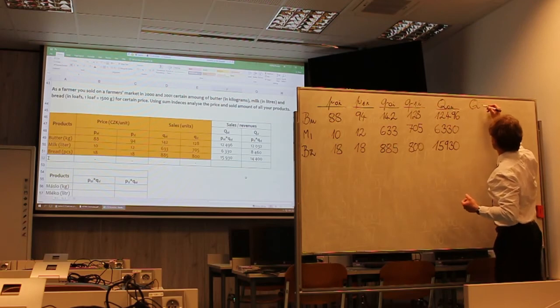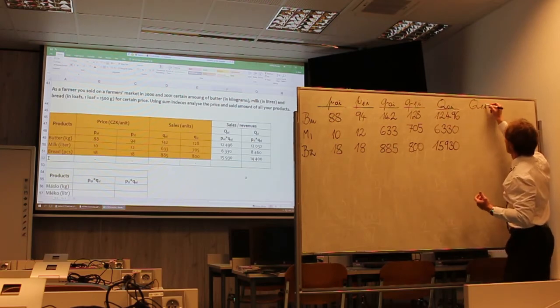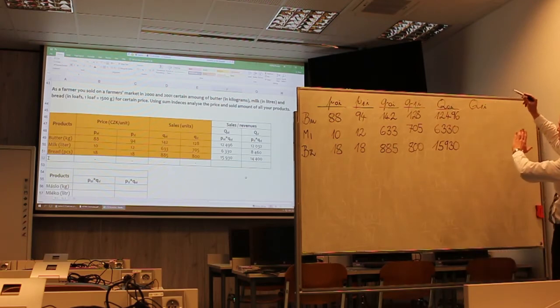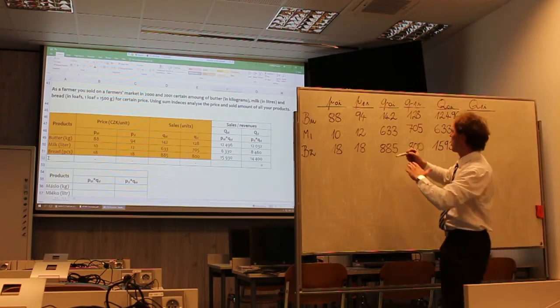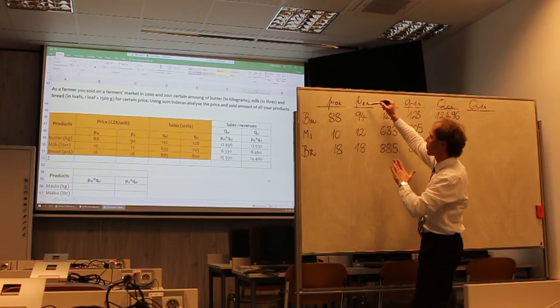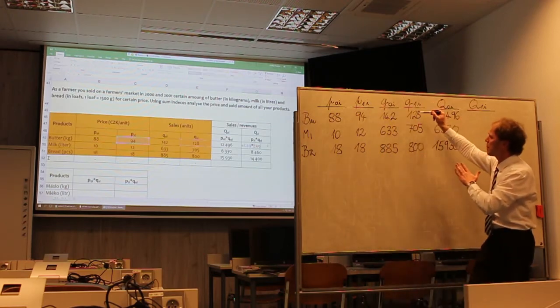In year 2001, revenues for each product we can calculate like price in period 1 times quantity in period 1.